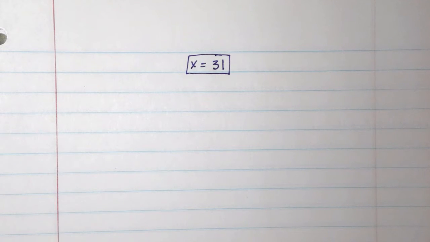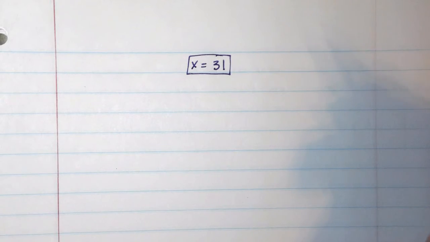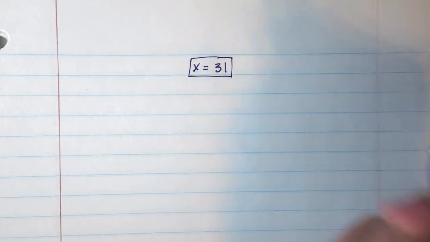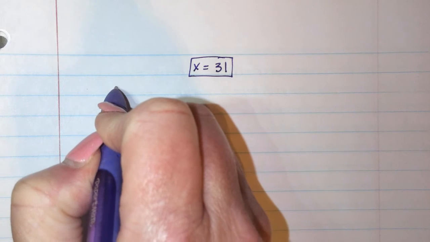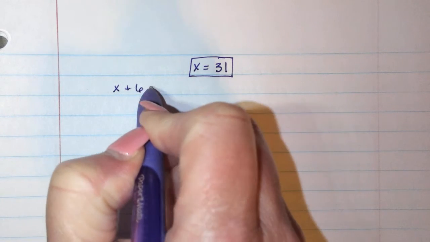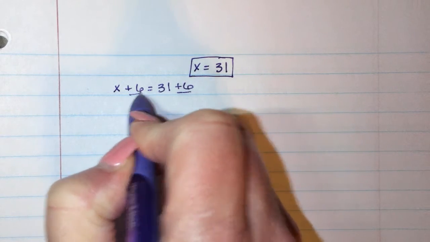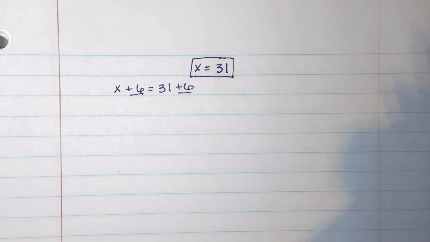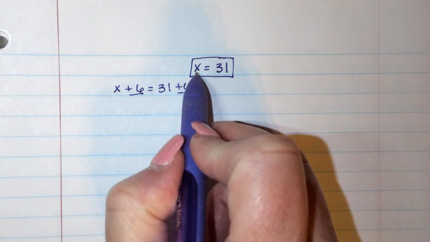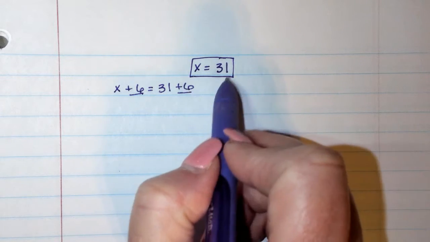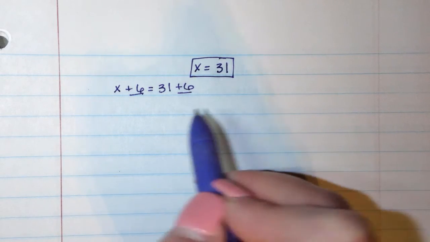So if I was making this a one-step equation, I would do one step to both sides. So it's going to be real easy. I'm just going to add to both sides. X plus 6 equals 31 plus 6. Now, I had to add 6 to both sides because I had begun with this equation, x equals 31.